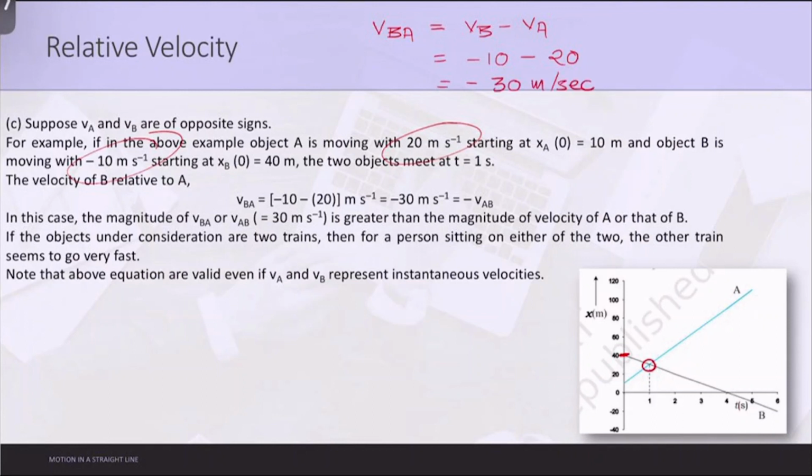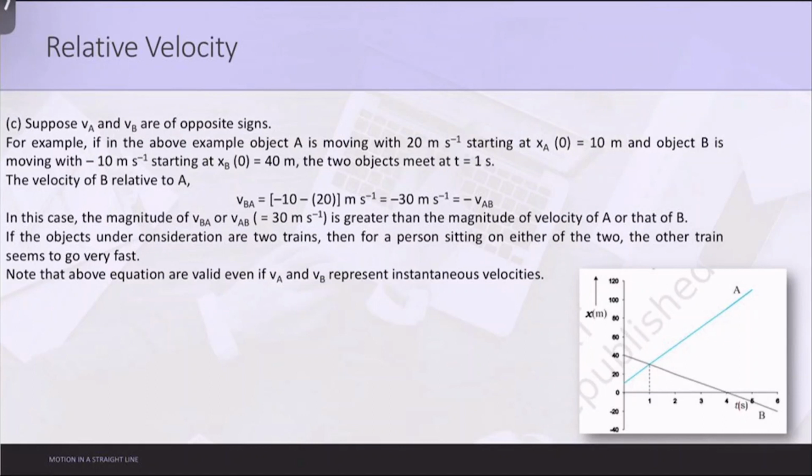That means if we are sitting on object A, then the velocity of B looks like it is moving at a much higher pace, even higher than its original velocity. So that is how we can understand the situation.